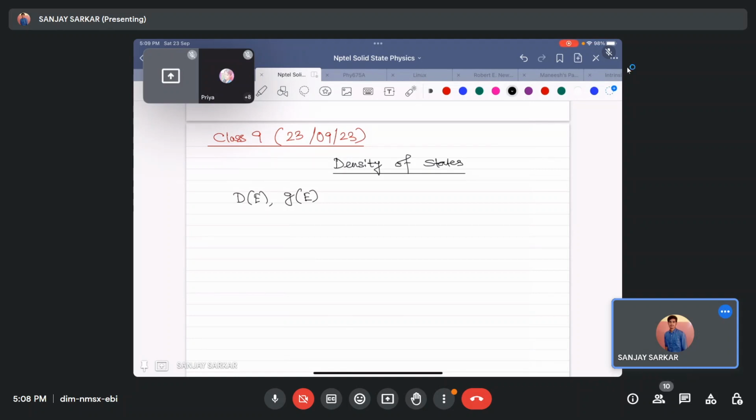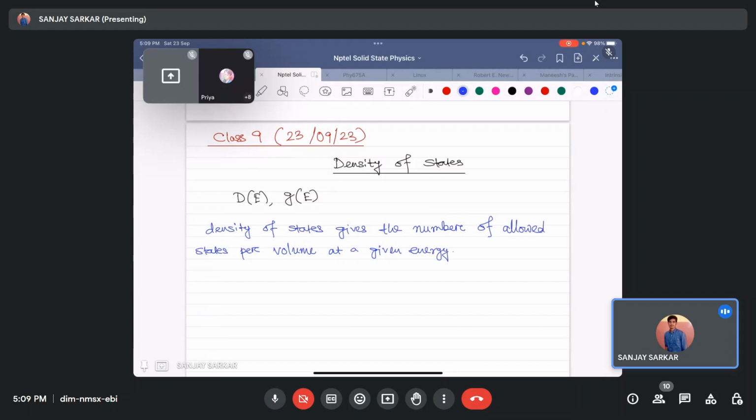So density of states gives the number of allowed states per volume at a given energy.